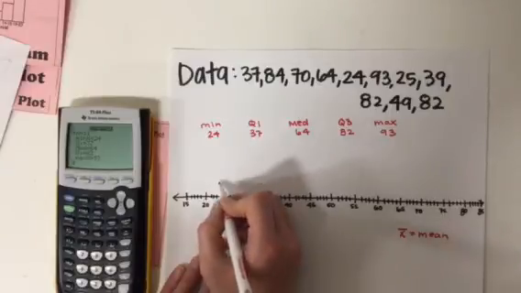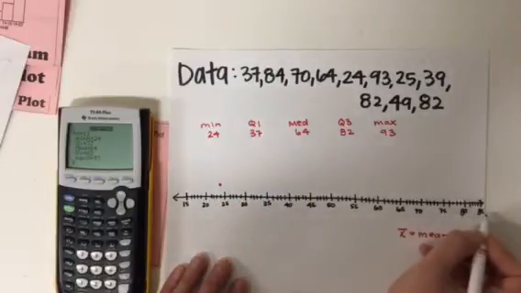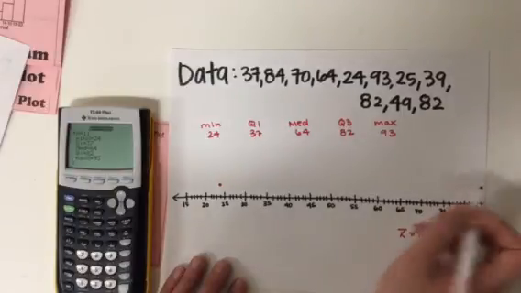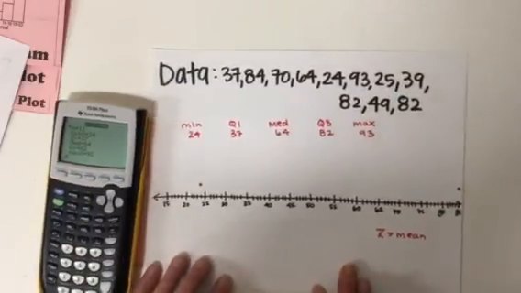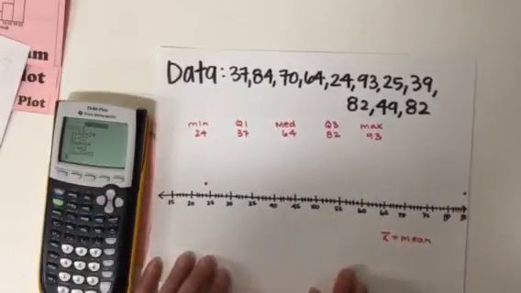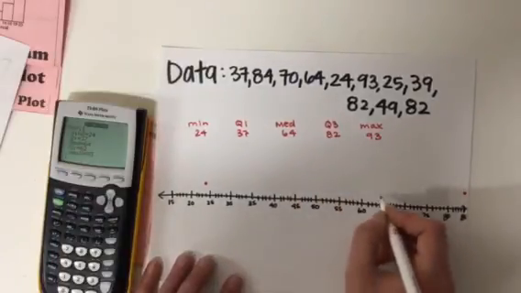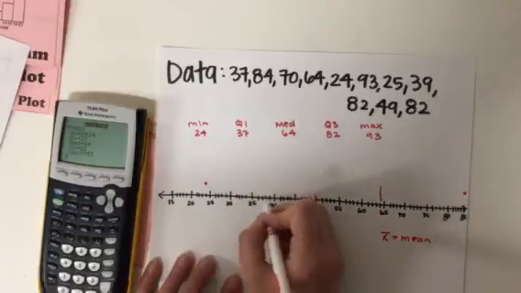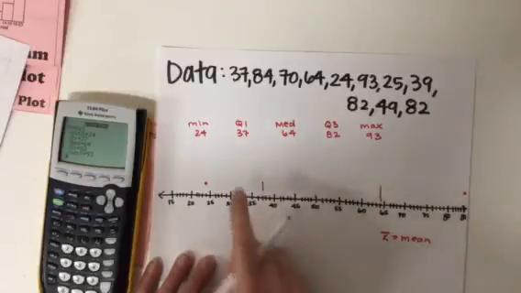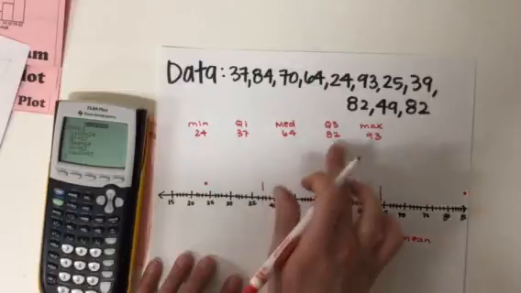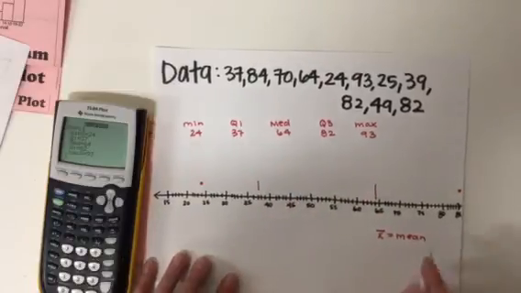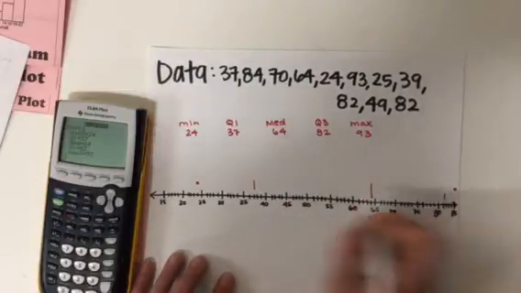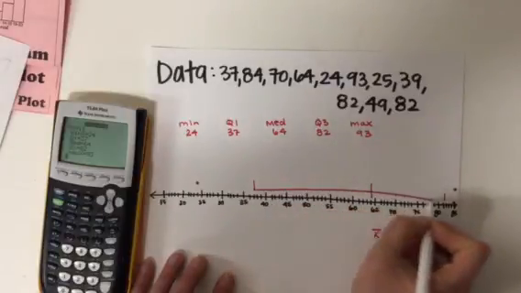So start by plotting points at your min and at your max. Mine went off my screen. Sorry, I didn't fit my number line very well. Your number line goes that far though. Your median of 64, Q1 of 37, so our first quartile of 37, and Q3, our third quartile, of 82. Go ahead and connect the box.